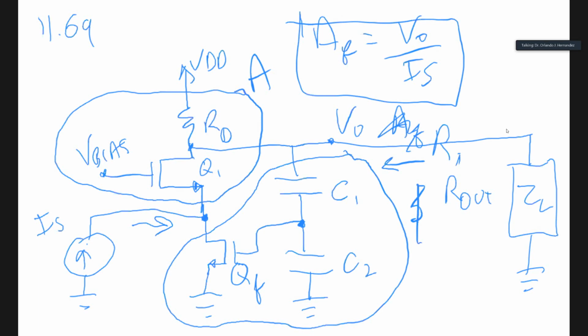So, let's see. What I meant by neglecting is that transistor models get more complex depending on the need and the analysis that you're doing.